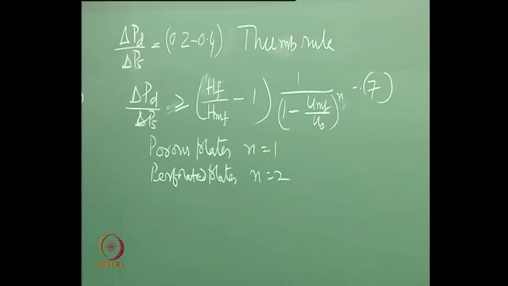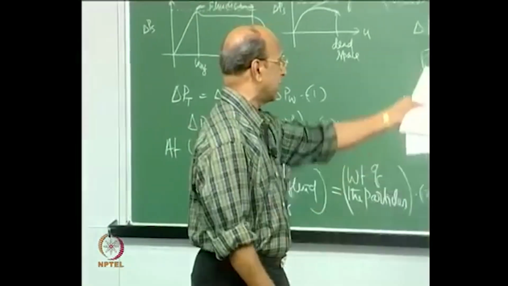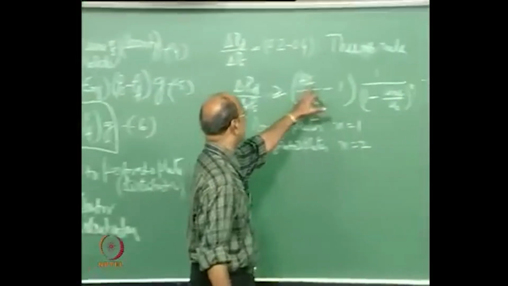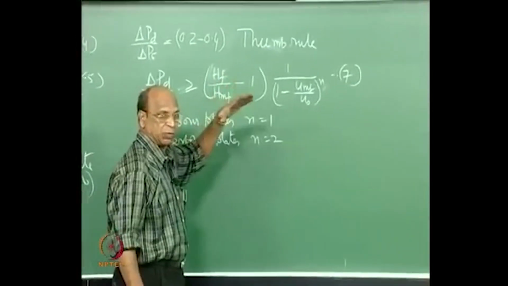Again they do the experiments and then try to find out what is the exponent and all that. Okay. So, this is slightly some theory, jet velocities and all that they will take, and then they will try to derive this. Here of course, one should know what is height Hf. Hf is the height of the fluidized bed.